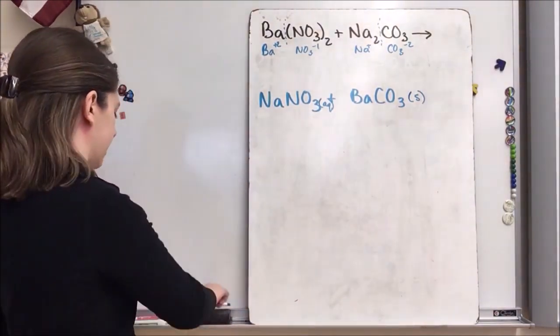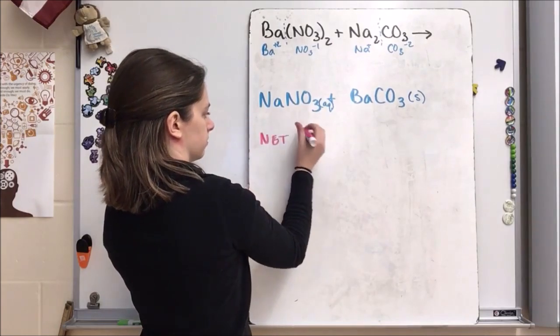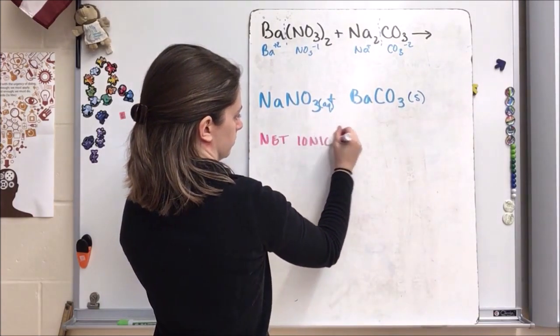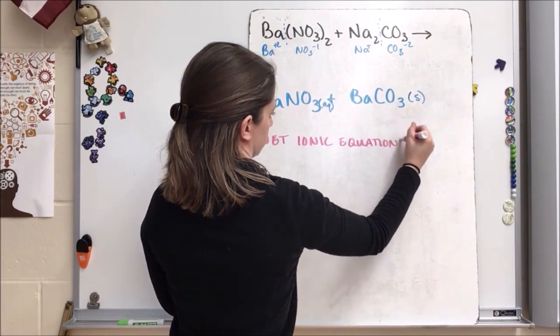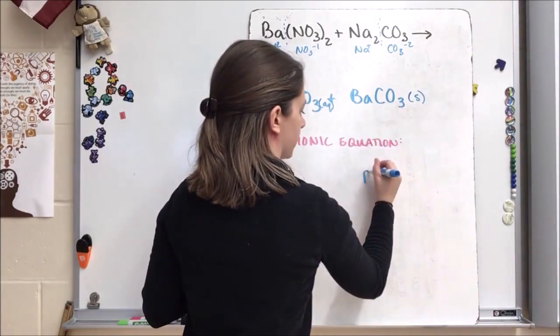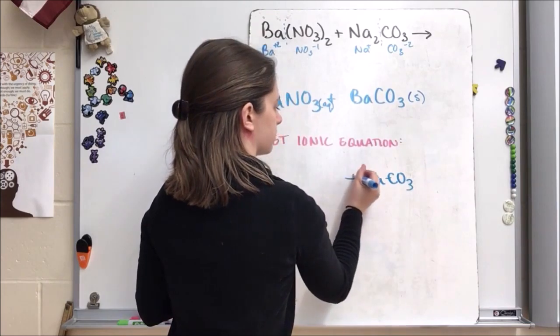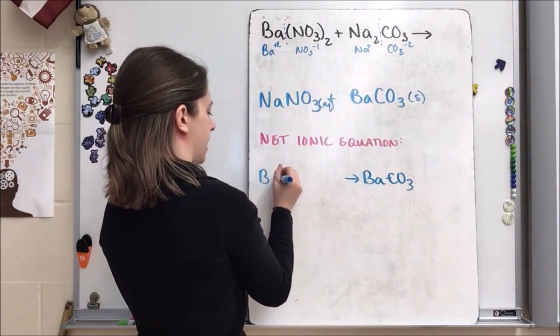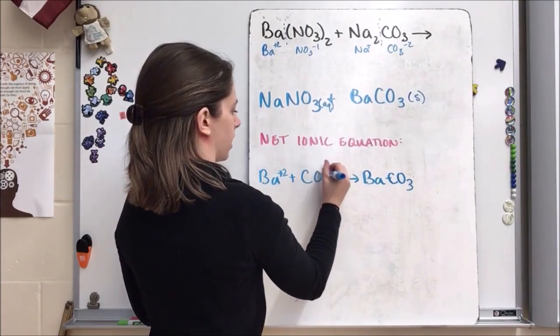So if I wanted to write my net ionic equation, I know that my only product is going to be my barium carbonate. And to form that, I needed my barium ion, +2, and my carbonate ion.